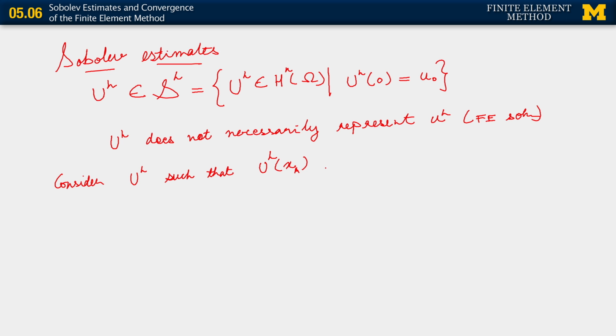So UH at x sub a equals little uh at x sub a, right? Okay, but if a here just denotes our global numbering of degrees of freedom, then this, remember, using our finite element vector notation, is just the degree of freedom d sub a. Okay?